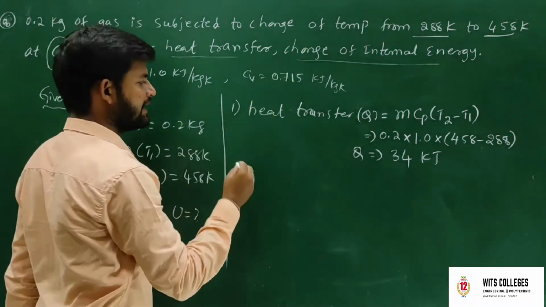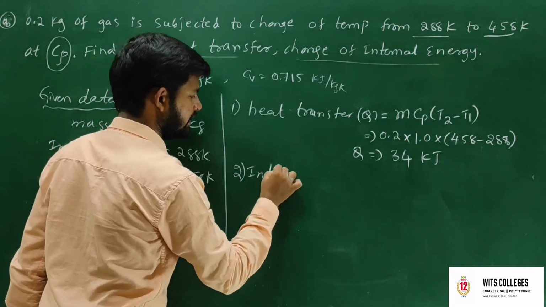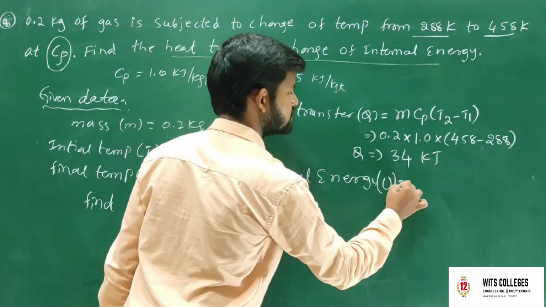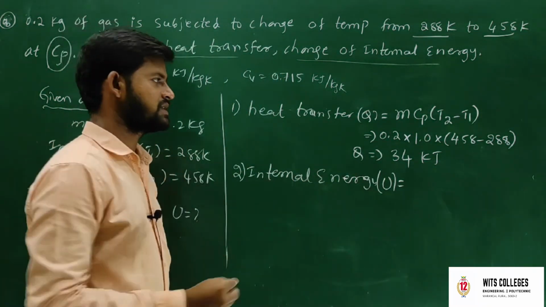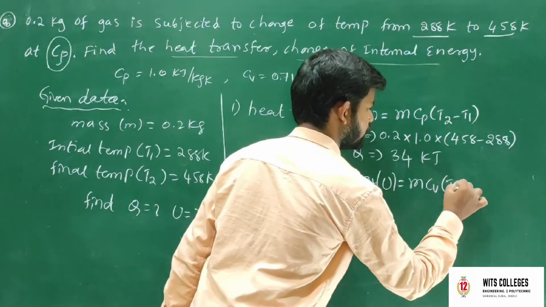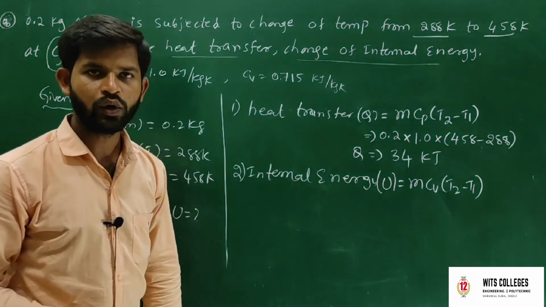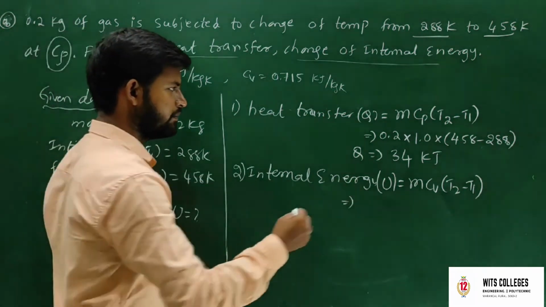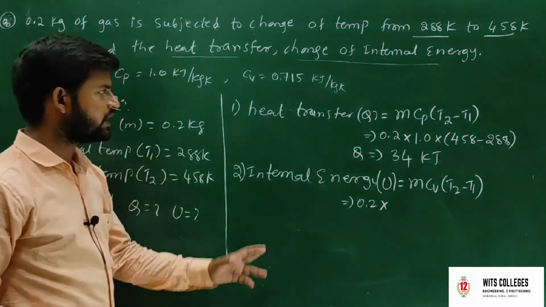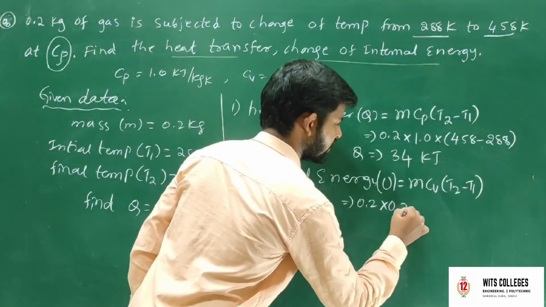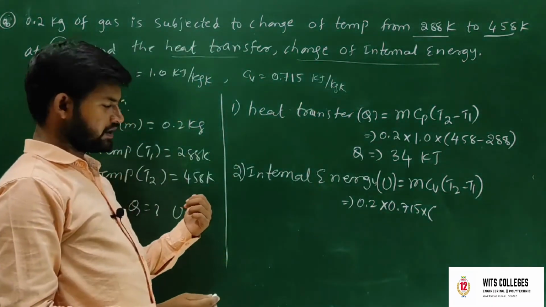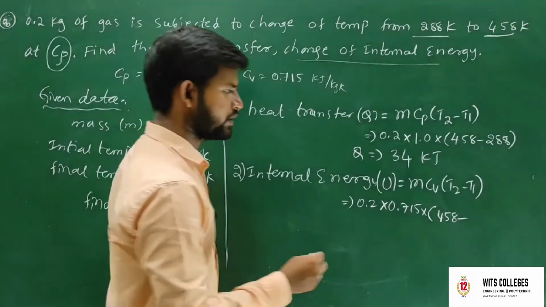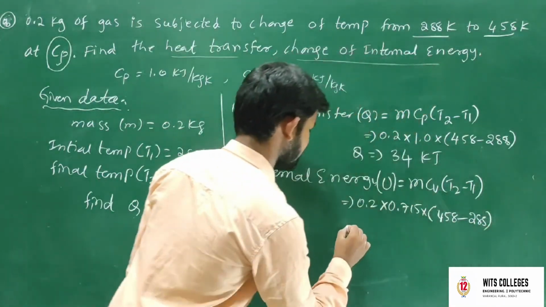Next, internal energy. Second one, internal energy. Capital U equals, from the formula in earlier classes, m into Cv into T2 minus T1. Substitute the values: m is 0.2 kg, Cv is 0.715, T2 is 458 and T1 is 288 kelvins.